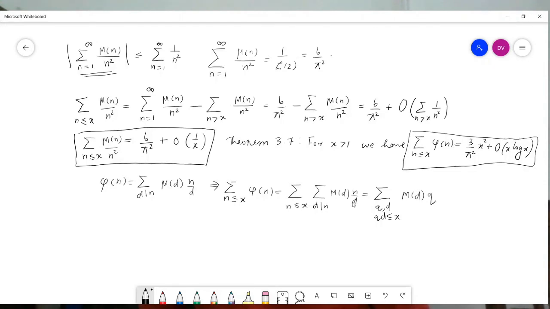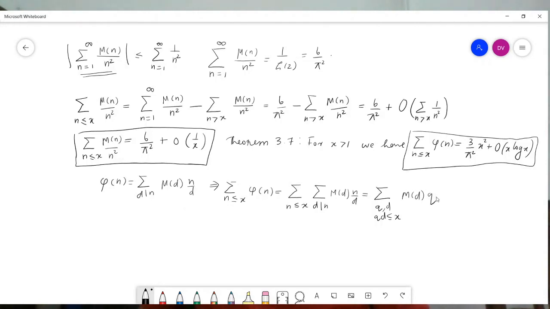Then we have d times n by d is always equal to n, so we need to collect all such n less than or equal to x. So we can translate this sum into summation over q comma d with qd less than or equal to x of mu of d times q, where n by d is replaced by q, which is the divisor of itself.